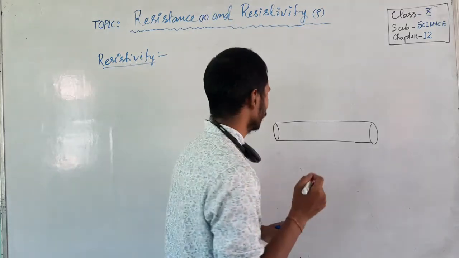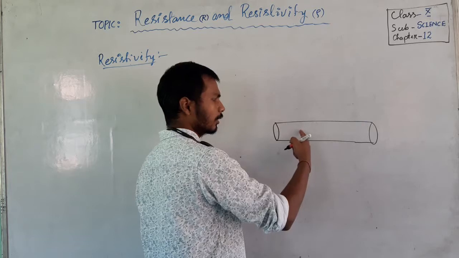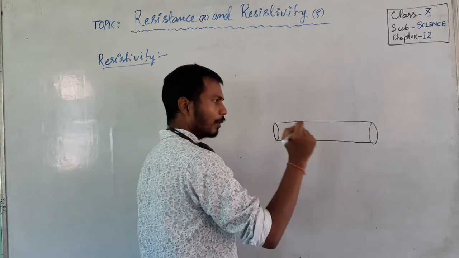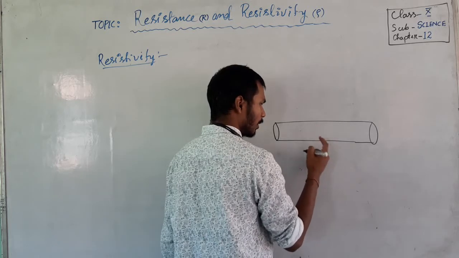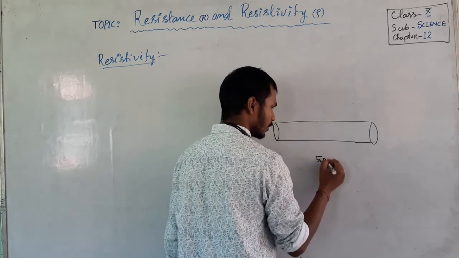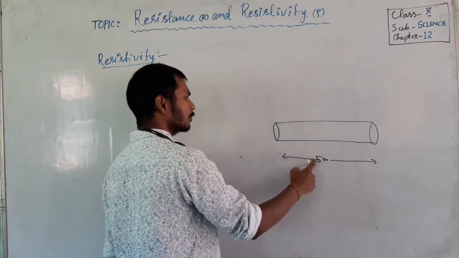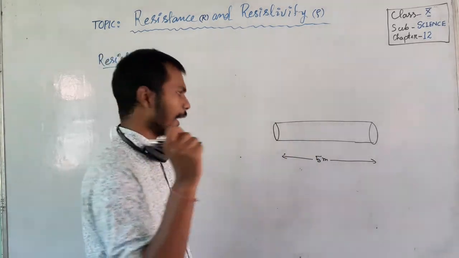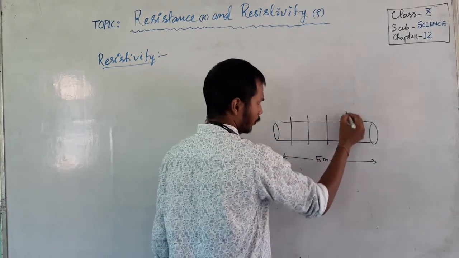So now do one thing, cut this wire into equal parts. Say for example the length of this wire is 5 meter. Now cut it into 5 pieces of equal dimension. Okay, so 1, 2, 3, 4, 5.